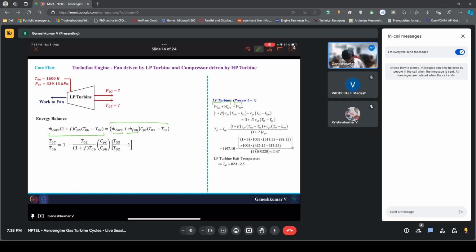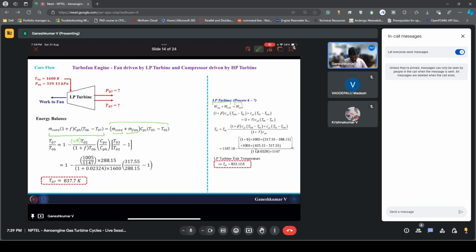There should be 1 plus beta over here. I will recheck this equation. But anyway, if you substitute these numbers, you will end up having a temperature of 837.7 Kelvin.